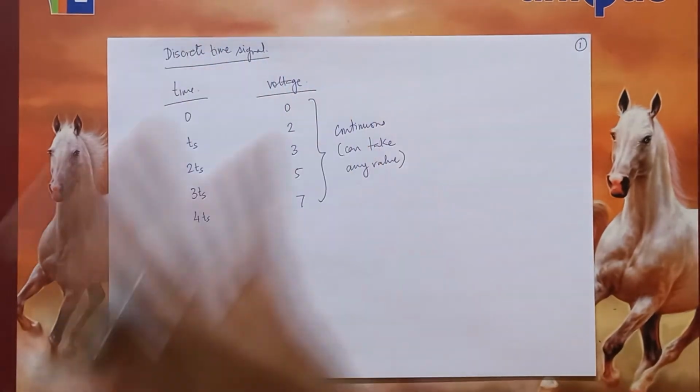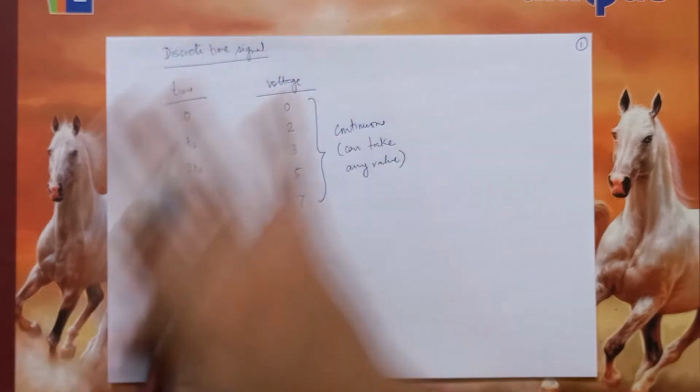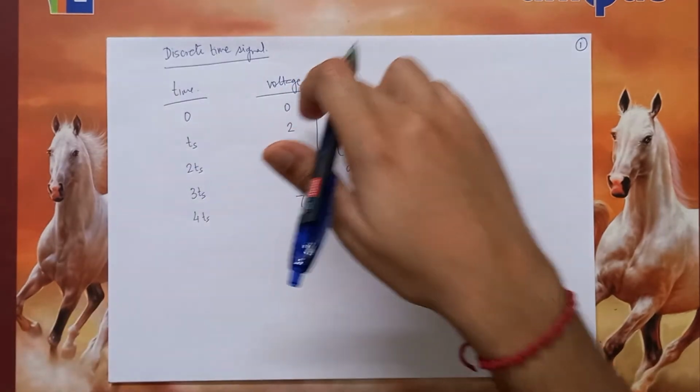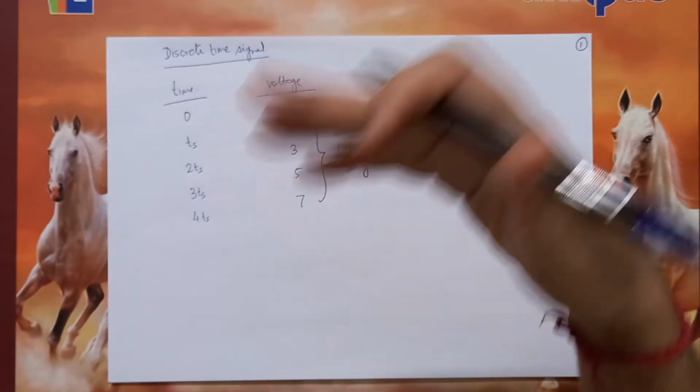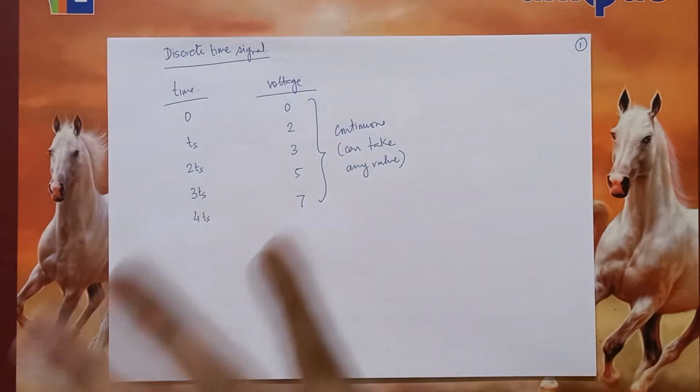Rather than trying to limit things over there, because if we try to discretize something on the voltage axis, we might lose some of the information, that is, the voltage value that we are actually recording might be something different than the actual voltage, which may cause the signal that we are converting into discrete time to be a little different from its continuous value. Therefore, what I mean to say is that there could be some error.